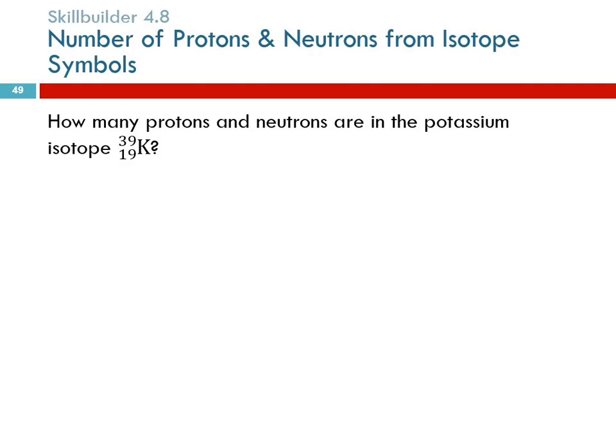What if they give us the symbol? How many protons and neutrons are in this potassium isotope? Well, what's this number on the bottom? That's the atomic number. That tells us the number of protons.